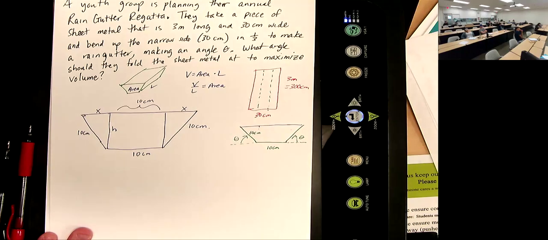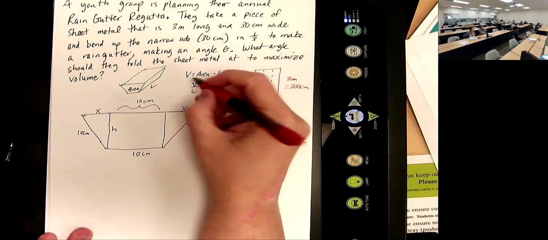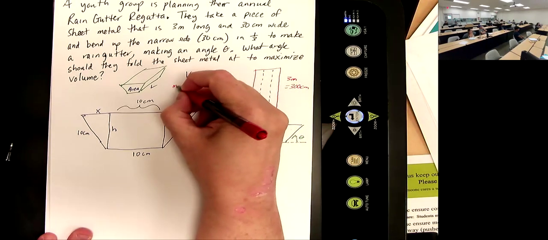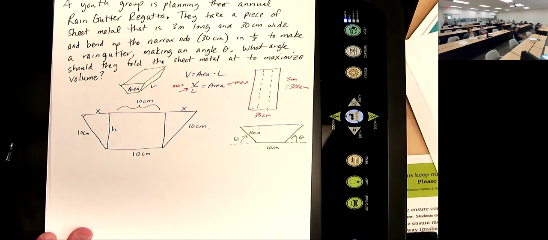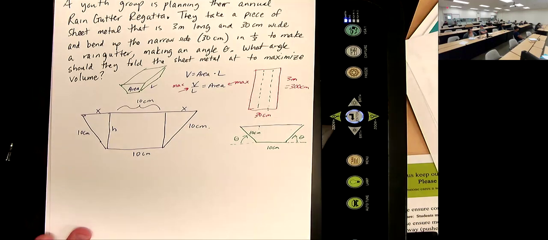You know, it's 3 meters. So if I max this, the 1 over L does not change the max. It affects the overall volume, but it doesn't affect the overall process, because it's a constant. So we could just maximize the area. But if you don't see that, we can do the full volume thing.